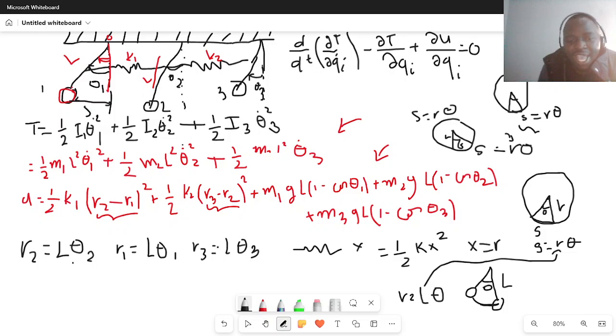The reason why L is the same here is because it is the same object being displaced through the same length, you can see by the picture, and same displacement of angle. That is the reason why I'm not saying L1, L2, L3. I'm writing L because they all have the same distance L. Is it fine, Mr. Bubaka?